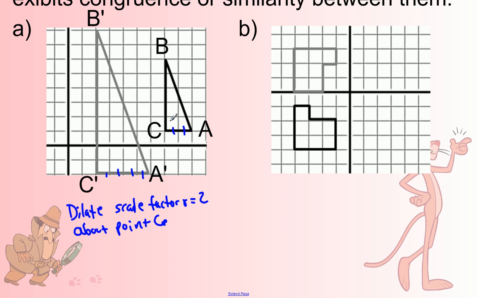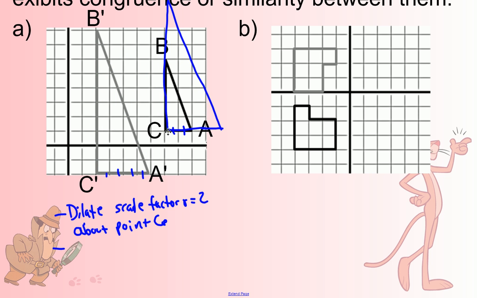what that gives us is every side twice as big. 4, that's 1, 2, 3, 4, 5. So I'd go like 10 up, and it would look something like that. So after I dilate it, the next thing I need to do is translate, to move it into location.